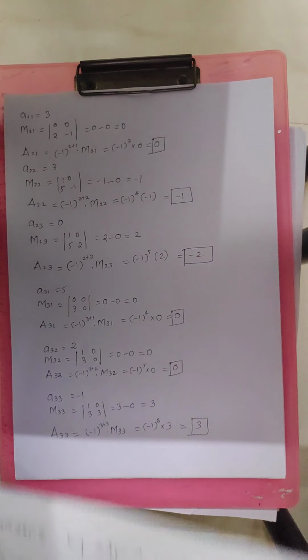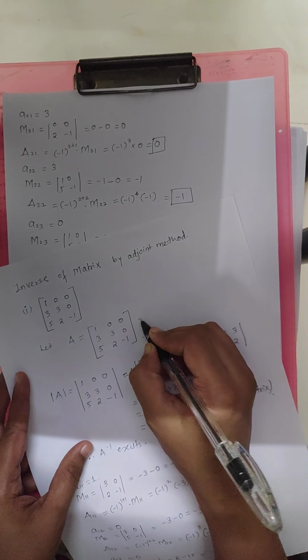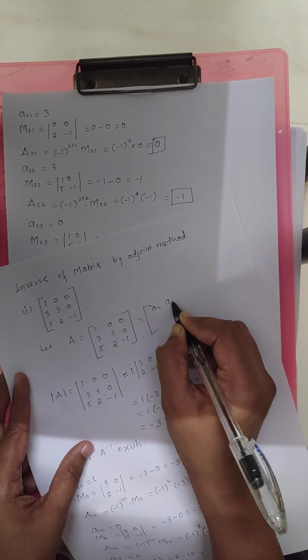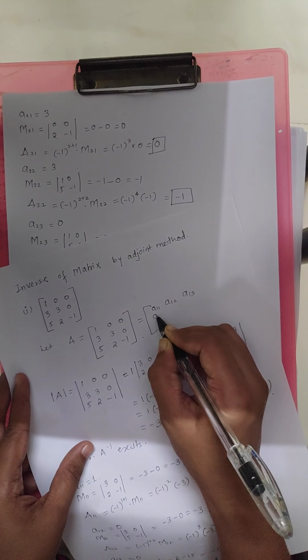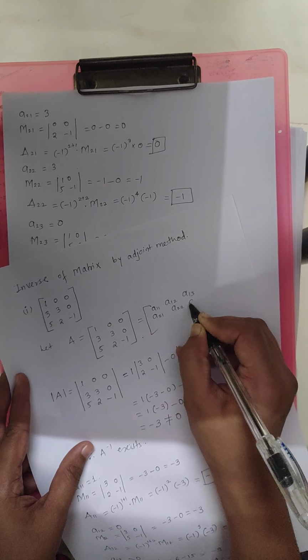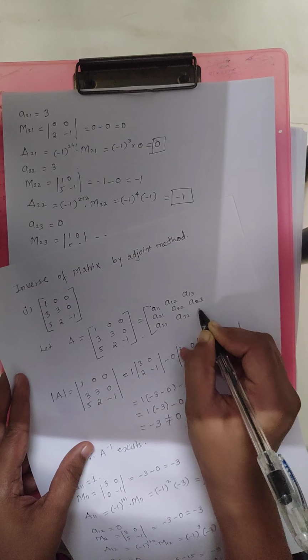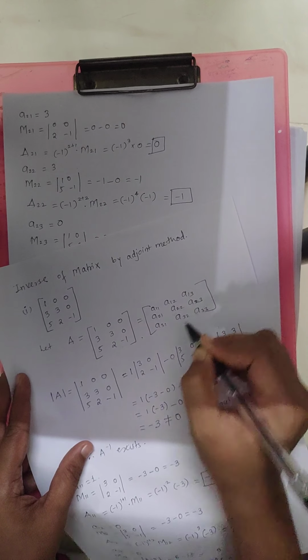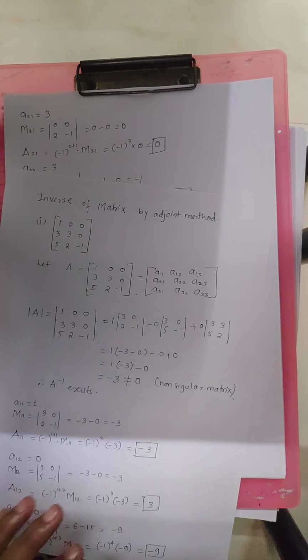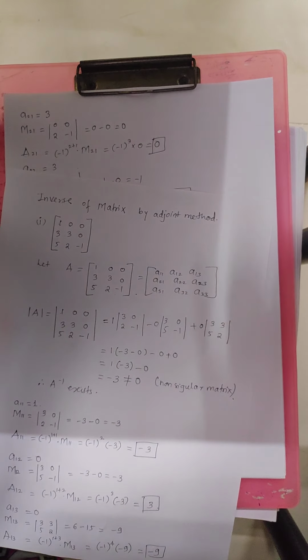Okay. And again, what are the elements here? This is A11, A12, A13. We had seen this in the previous lectures also. A31, A32, A33. So what we had done, we had found all the elements' minors and all the elements' cofactors, which we had done in the previous lecture also.